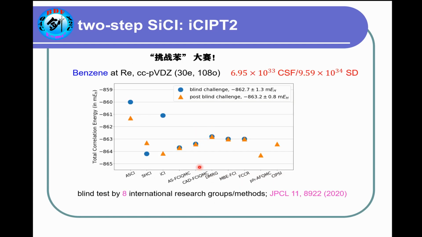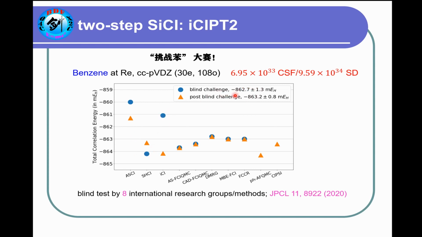But this less trivial example was mentioned yesterday by Seiichiro. This is the blind test of benzene energy. Last July, Wenjian Liu invited 8 research groups, basically 8 methods, to do blind calculations for the ground state energy of benzene. The blue dots represent the 8 blind test results.